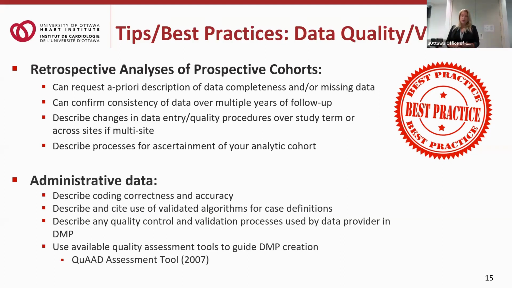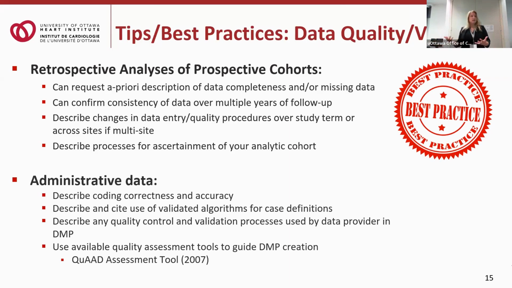So that's an important thing to know when you're trying to develop your data management plan and talk about your own data quality. I would recommend that when you're doing a retrospective analysis of an existing cohort, in your data management plan you have to describe the original cohort and then also describe your own study.